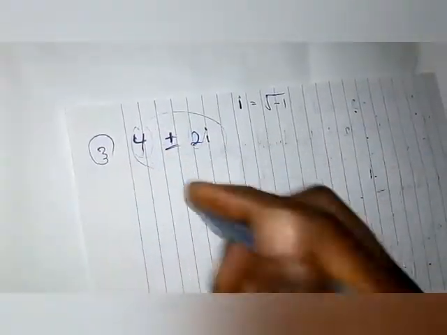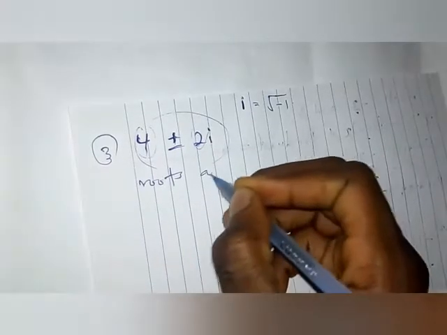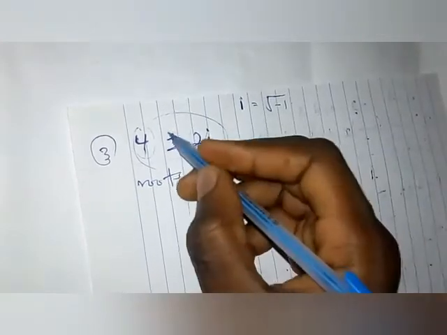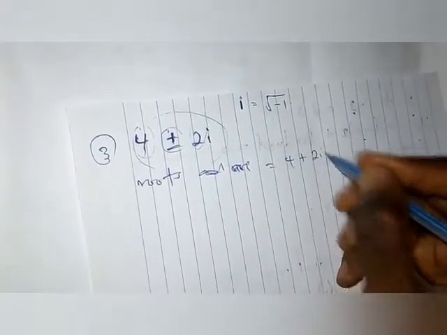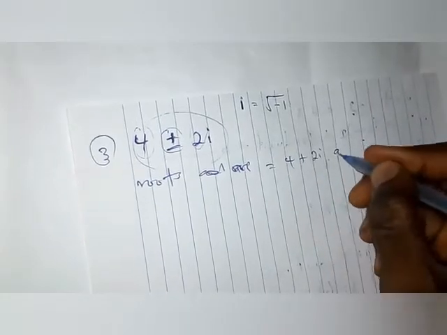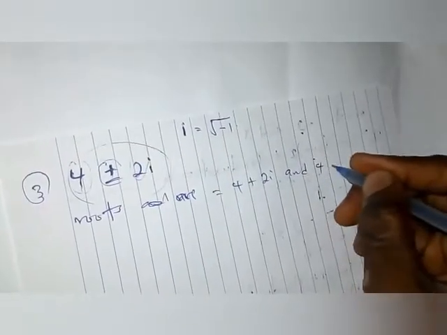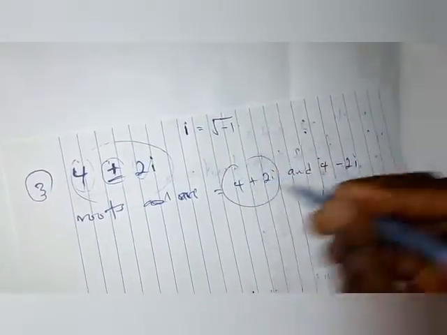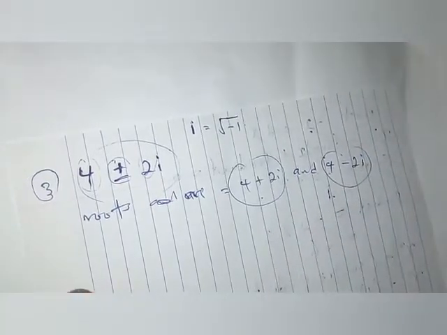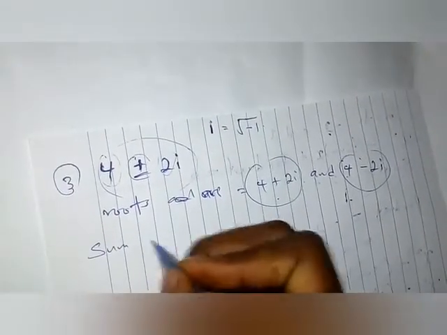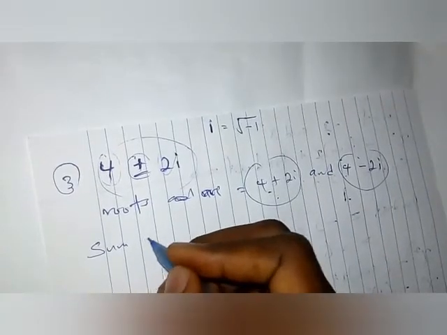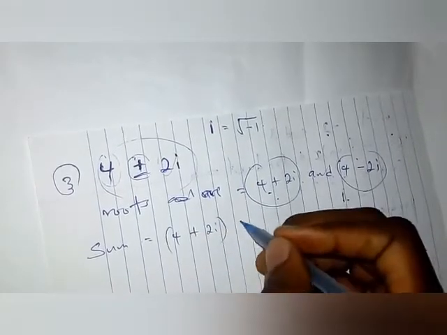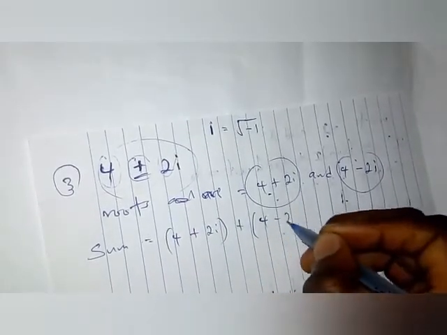So here the roots are 4 plus 2i and 4 minus 2i. This is your first root and this is your second root. Now sum them together: 4 plus 2i plus 4 minus 2i.